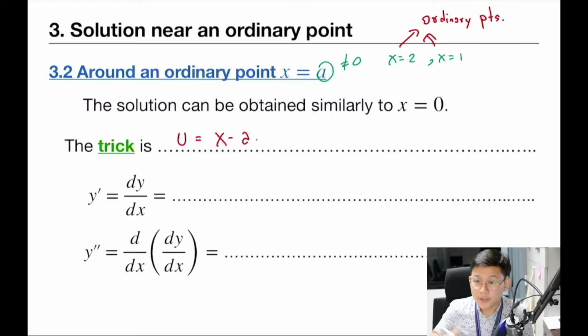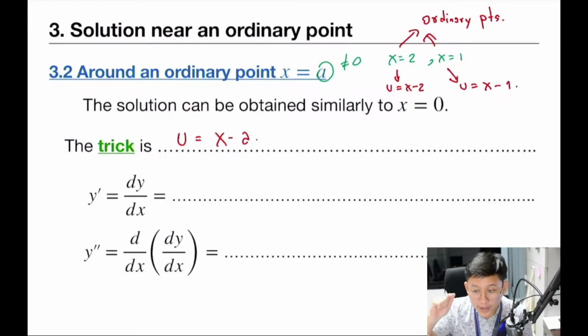For example, if you want to find the solution around x equals 2, you need to substitute u with x minus 2, and here u with x minus 1. That is the substitution we need to make. So that is the only trick. So first you substitute u with x minus a.